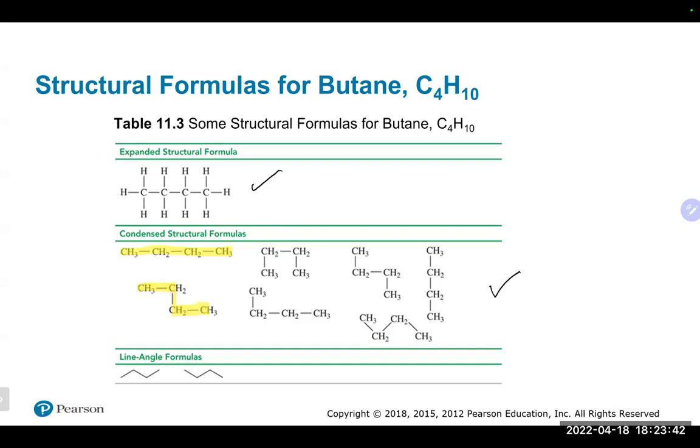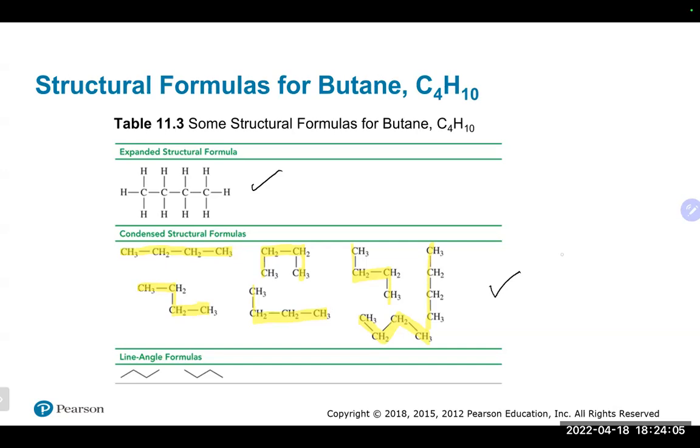This guy, 1, 2, 3, 4 carbons. These are all just a chain of 4 carbons, drawn differently, but they're all 4 carbons in a row, nothing else there. They're all basically representations of butane.